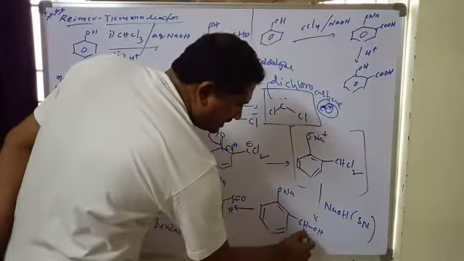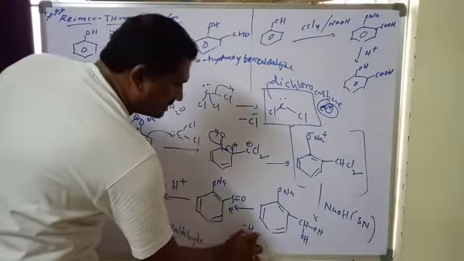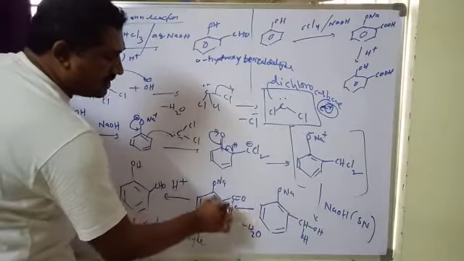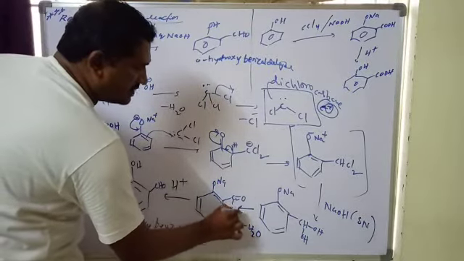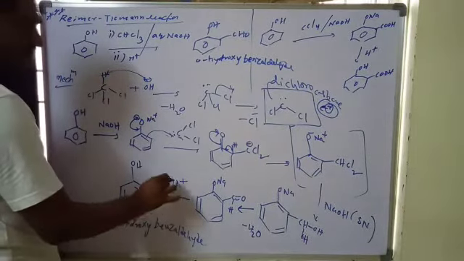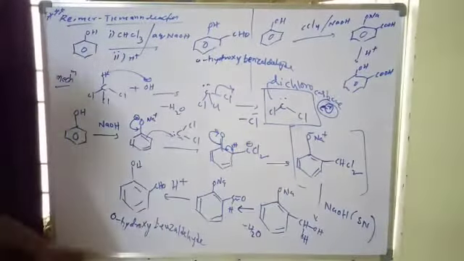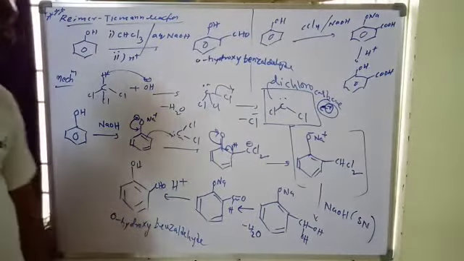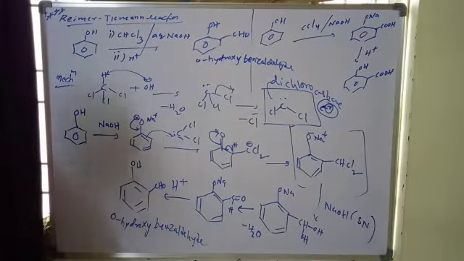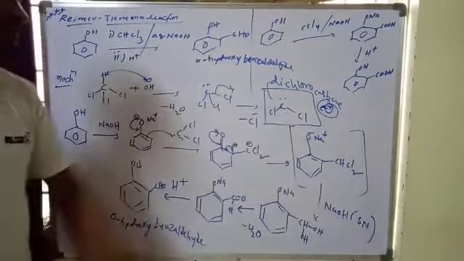Immediately water is eliminated, and it becomes an aldehyde function, CHO, C double bond O. Upon acidic hydrolysis, ONa becomes OH. So this is parahydroxybenzaldehyde. The intermediate is dichlorocarbene.